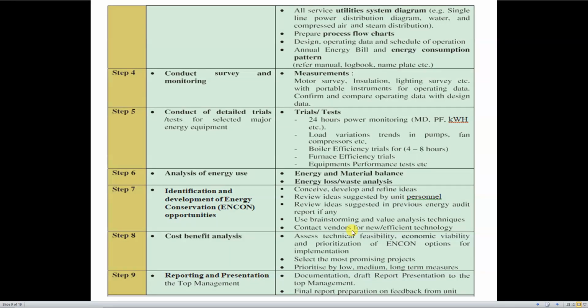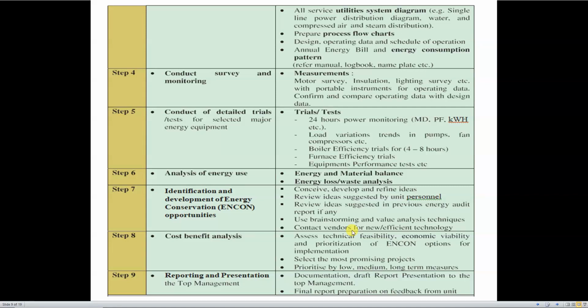Vendor means a supplier, a particular expert or technician. Suppose your industry is working on very old and non-reliable technology. You can consult vendors or suppliers so that they can introduce new technologies to your industry.